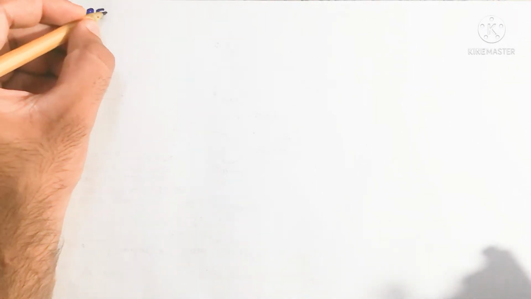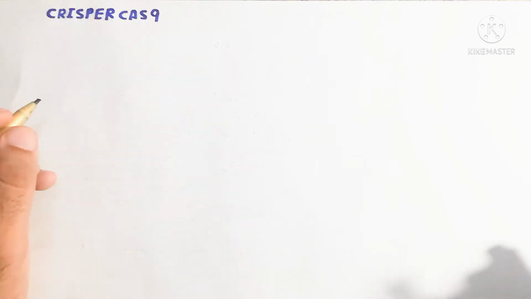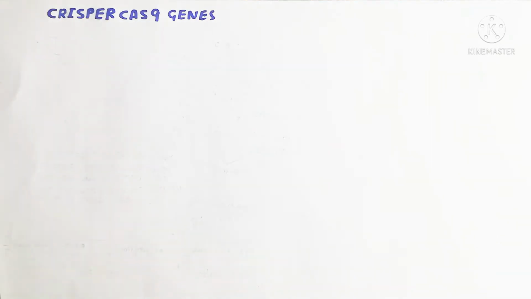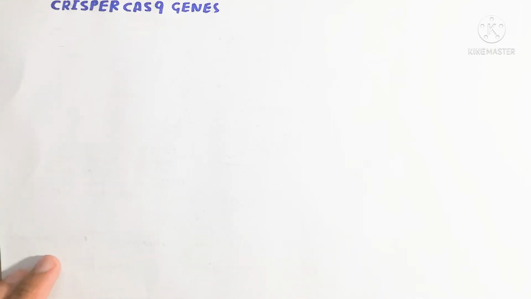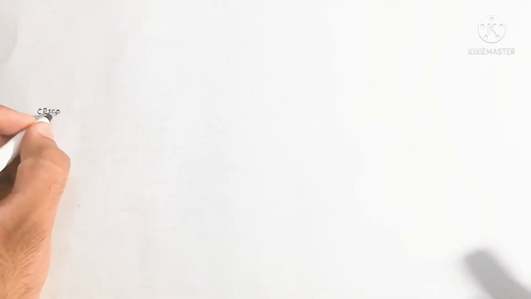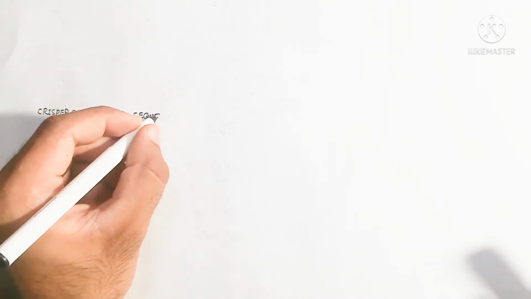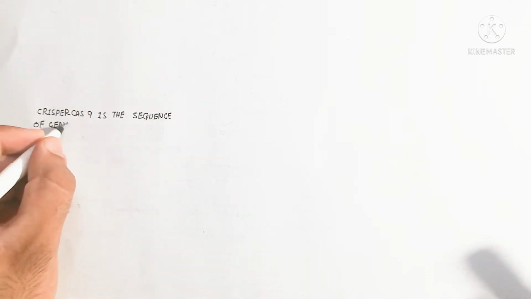So today we will discuss the CRISPR-Cas9 gene, which stands for clustered regularly interspaced short palindromic repeats. The palindromic repeats are present in this region of the gene in E. coli and some other bacteria.